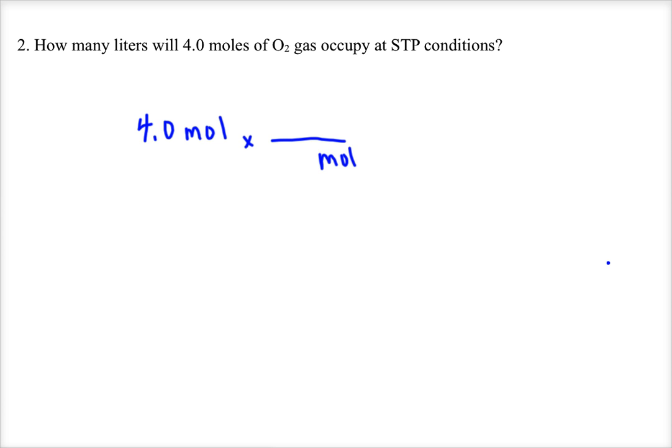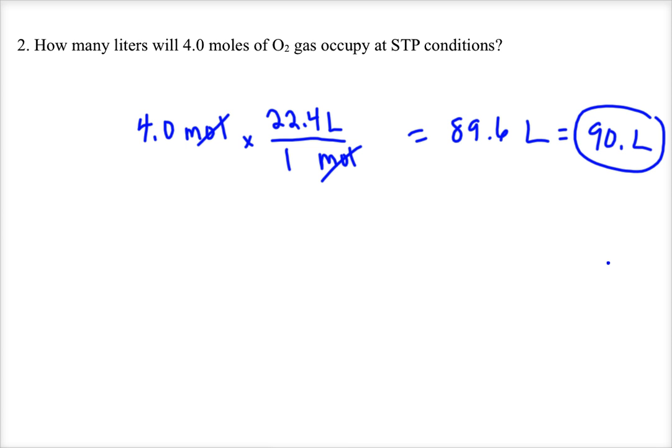We're going to put moles in the denominator so it will cancel, liters in the numerator. 1 mole of any gas at STP conditions will have a volume of 22.4 liters. Moles will cancel, and so here we just have to do the math. 4 moles times 22.4 is going to give us 89.6 liters, but we want to maintain 2 significant figures, so that's going to round to 90 liters.